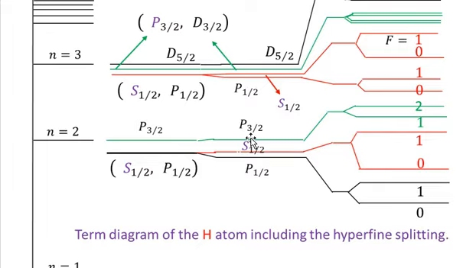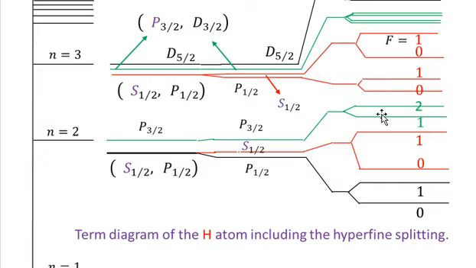Now let's consider P3/2. The value of J is equal to 3/2 and the value of I for the hydrogen atom is 1/2. So 3/2 plus 1/2 is equal to 2, and 3/2 minus 1/2 is equal to 1. So the value of the total quantum number F for the state P3/2 is 2 and 1, and I have separated these two levels.